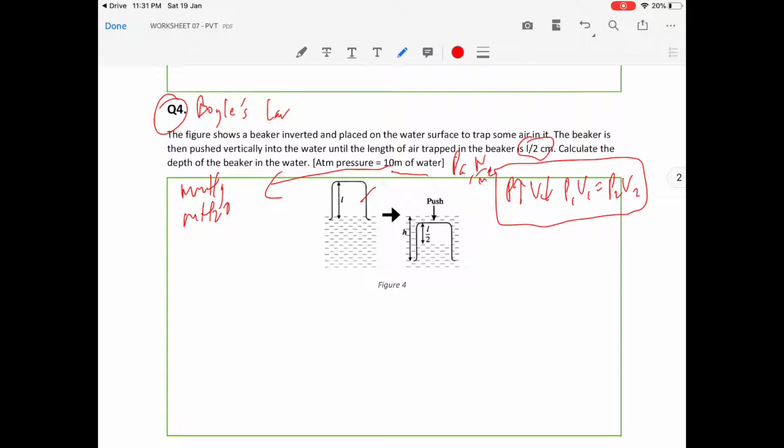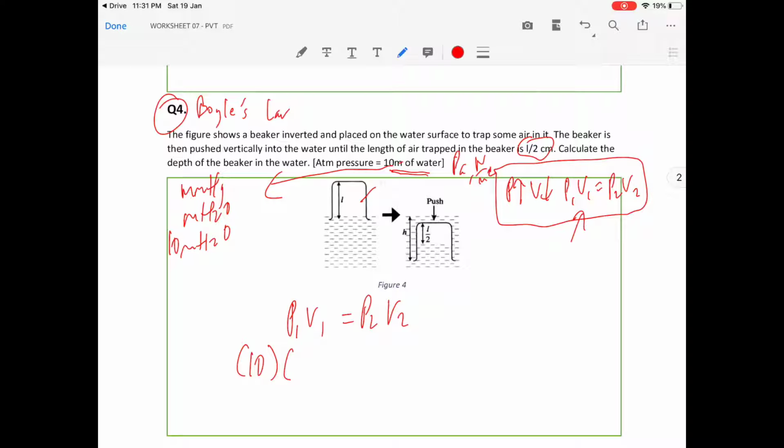So in this case atmospheric pressure is 10 meters H2O. Let's use Boyle's law equation here. P1 V1 equals P2 V2. Initially, when the beaker is resting on top of the surface, the pressure is 10 meters of water. You're above sea level, so it's just normal atmospheric pressure. So P1 is 10.